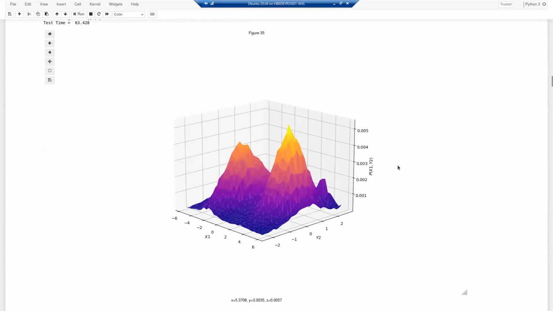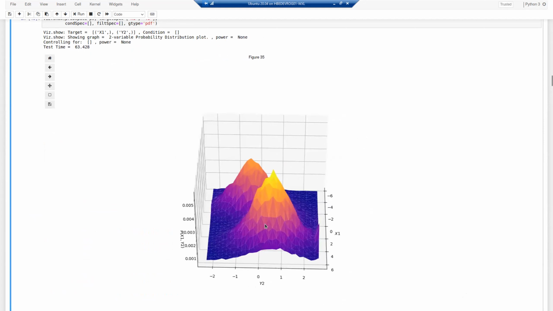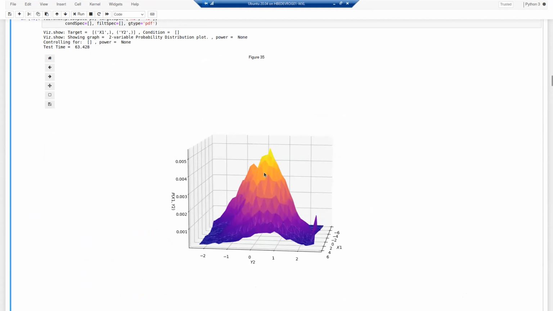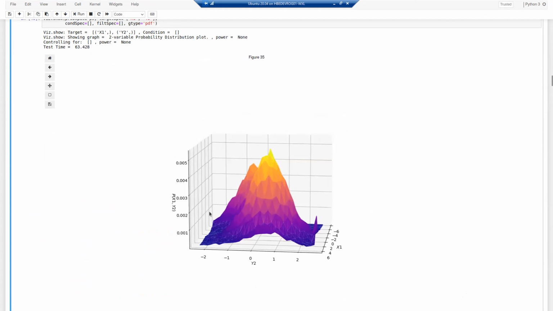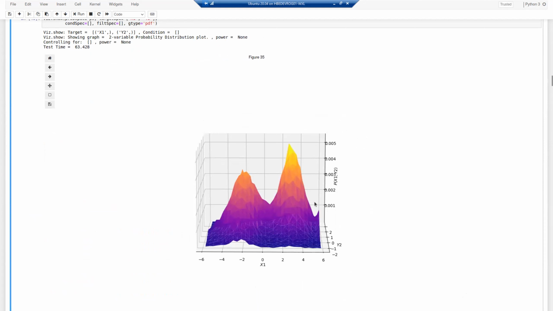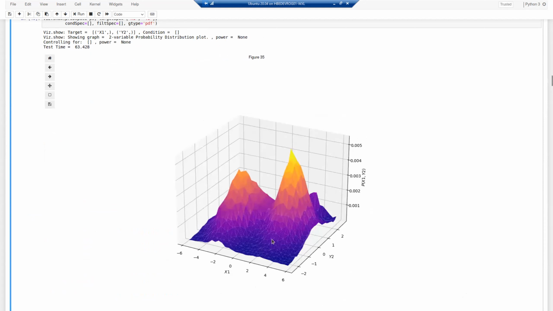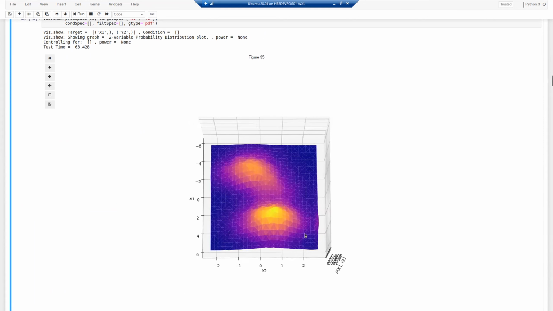We take a look at the joint distribution of, in this case, x1 versus y2. And again, if we look at it from the side, we can see y2. If we look at it from the other side, we can see x1. And if we look at it from the top, you'll notice that there's diagonality there.